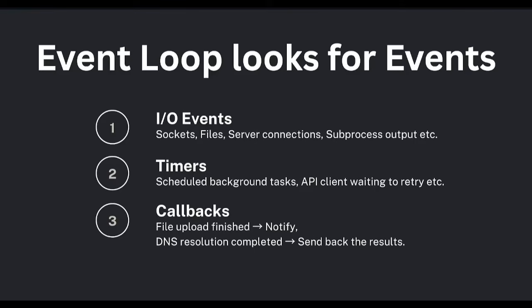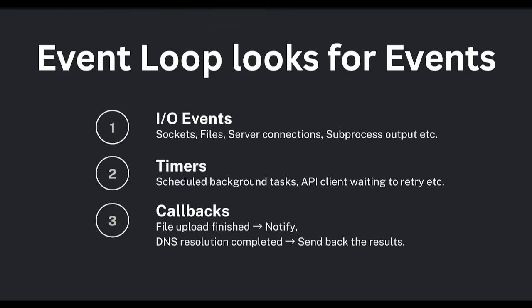Which events does it look for? First type of events are I/O events, such as maybe a socket is now ready to read or write, a file descriptor has data available, or a subprocess has output ready, or the server got a new connection.